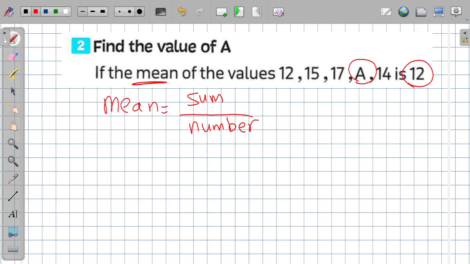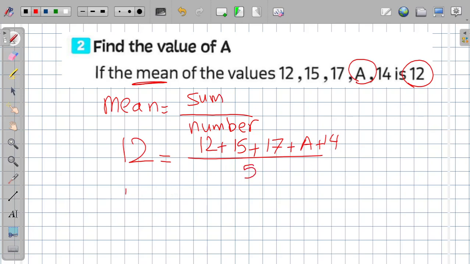Okay, so the mean here equals 12, and the sum is equal to 12 plus 15 plus 17 plus a plus 14, and all of this divided by 1, 2, 3, 4, 5, divided by 5.